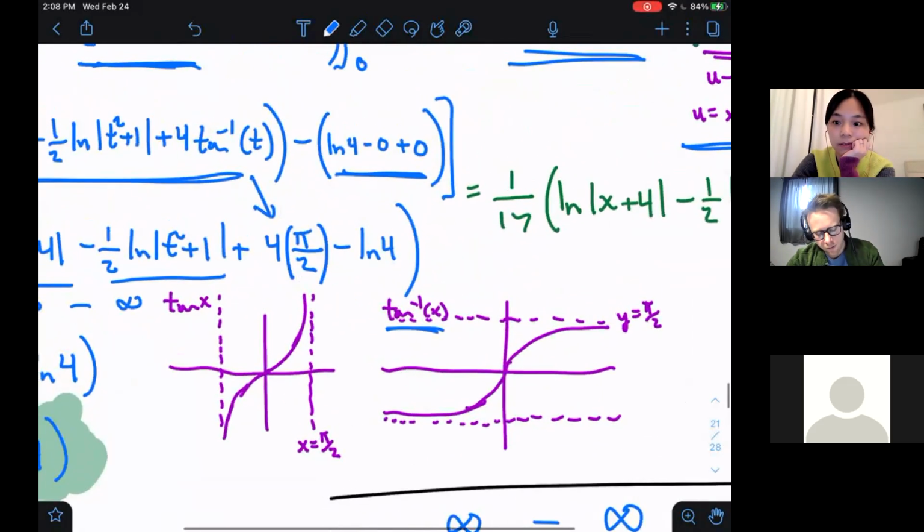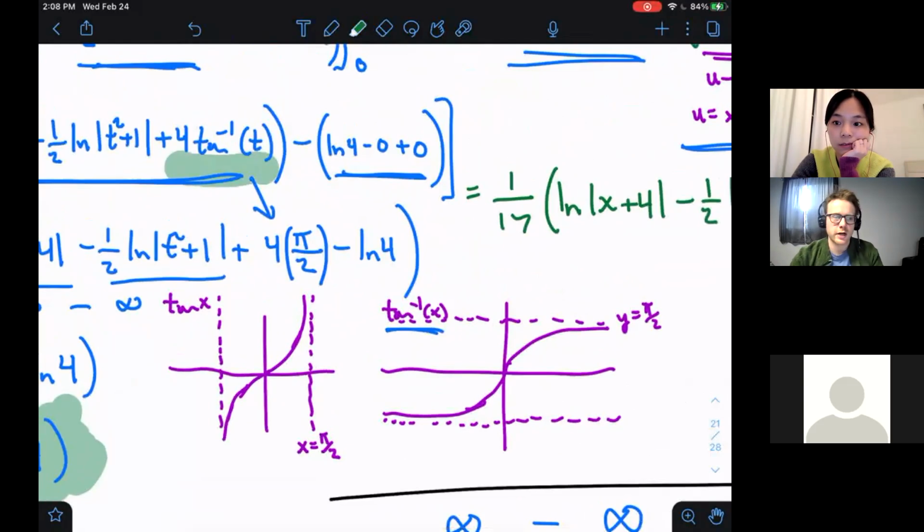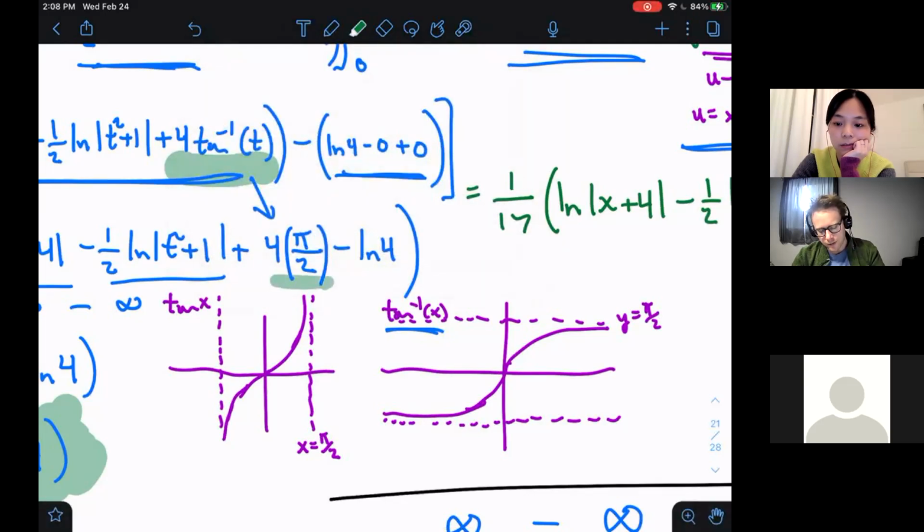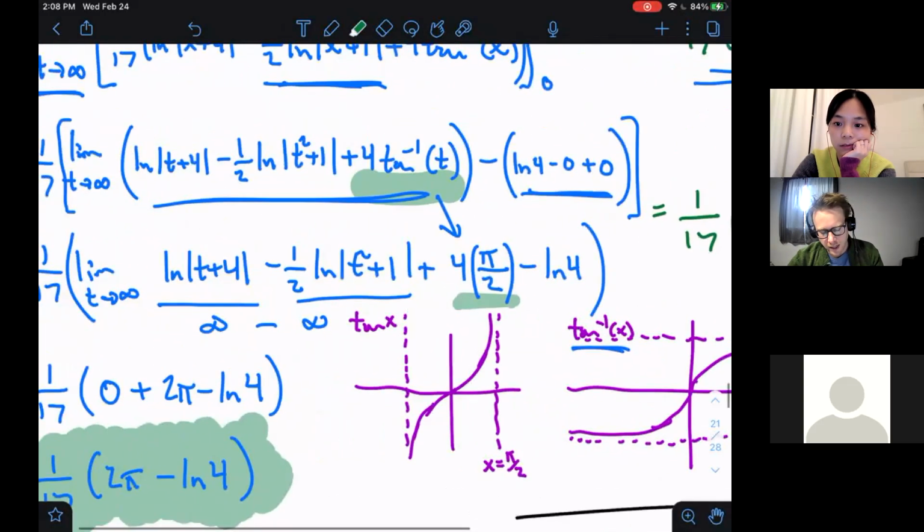So this was only for this single piece right here. I was trying to explore how this 4 tangent inverse behaves as we plug in very, very large values as t goes to infinity for this piece. And so when I get that result, I only plug it in to that piece. So I get the 4 and the pi over 2, but still those other functions don't have anything to do with tangent inverse.